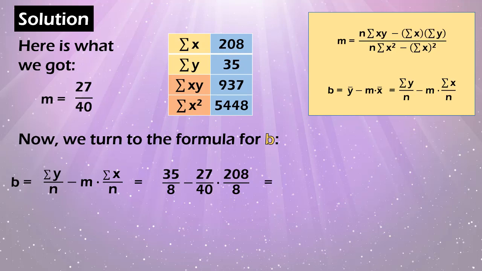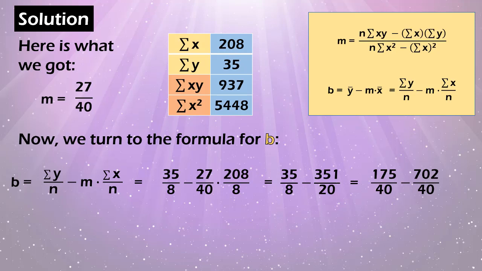So when we multiply those 2 fractions after the minus sign, we end up in reduced form getting 351 over 20. And we need a common denominator here. The common denominator is going to be 40. So we'll multiply the first fraction top and bottom by 5, and the second fraction top and bottom by 2, which gives me 175 over 40 and 702 over 40.